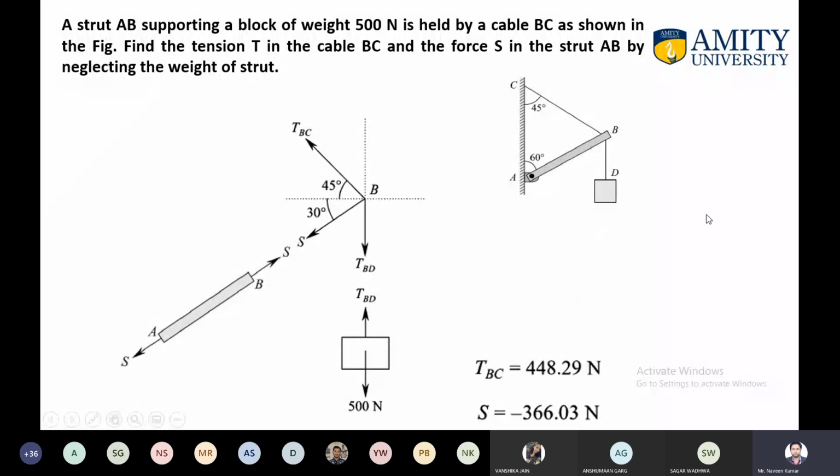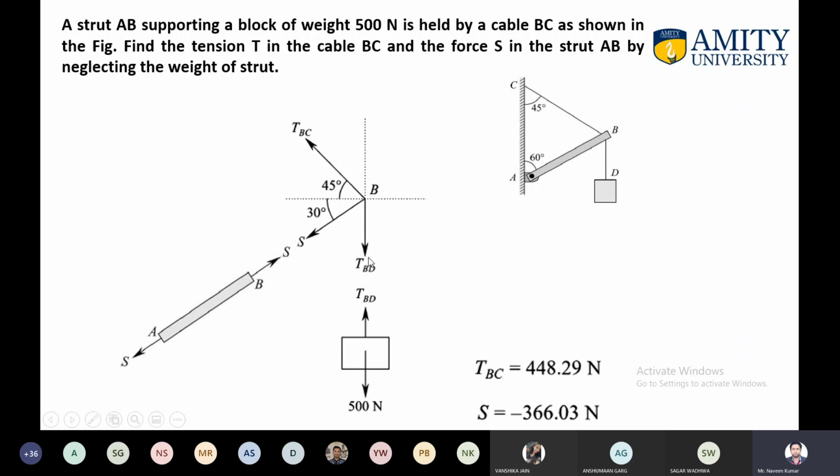So TBD you can take directly as 500 Newton, and TBC you have to calculate. The third, S, is the force in the bar, or the strut. We can take the direction as per convenience. So this is the FBD of the figure.